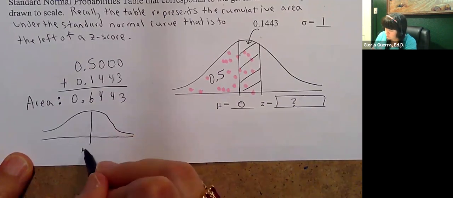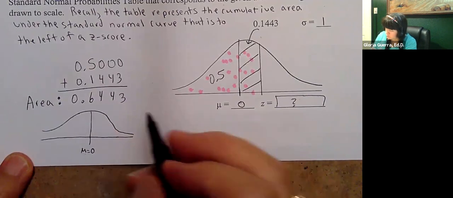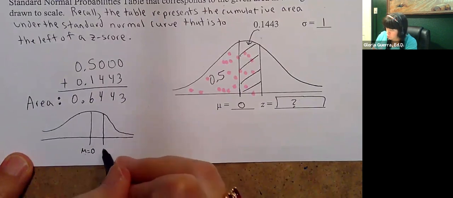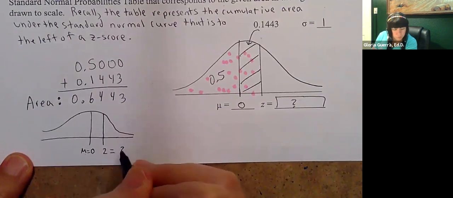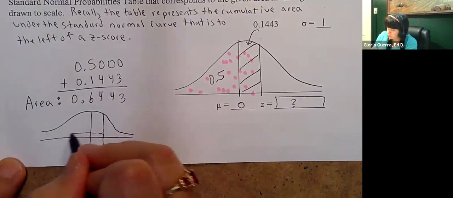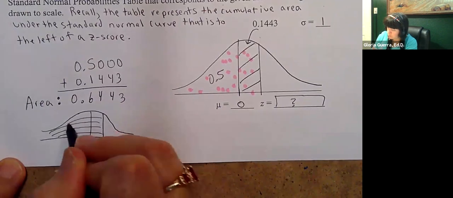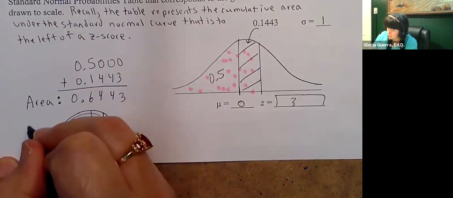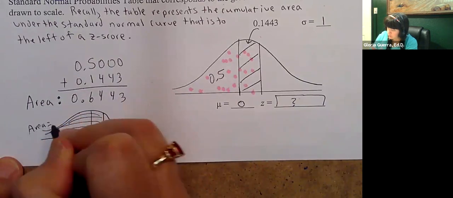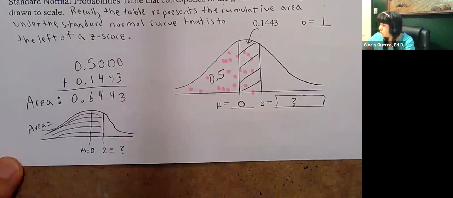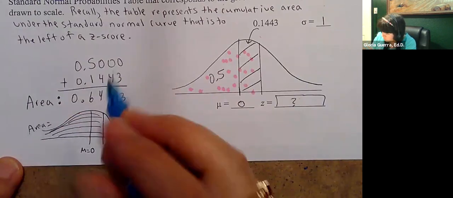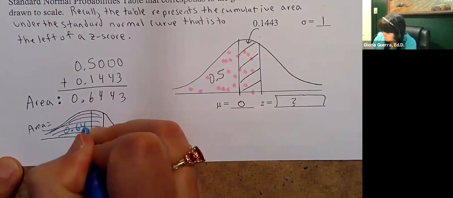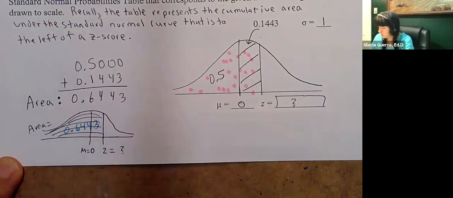So here's mu, 0. And you have all this, which I highlighted in pink. And this area is 0.6443.